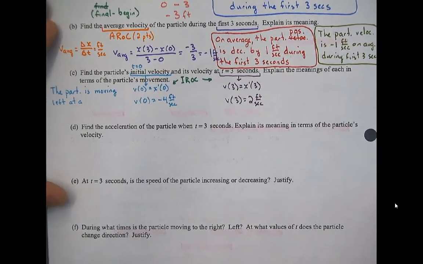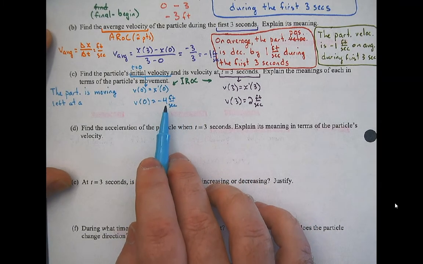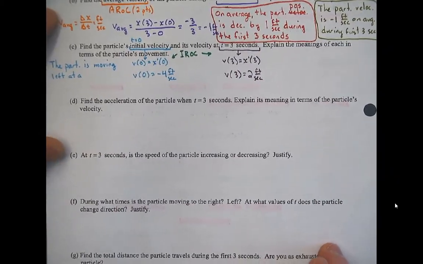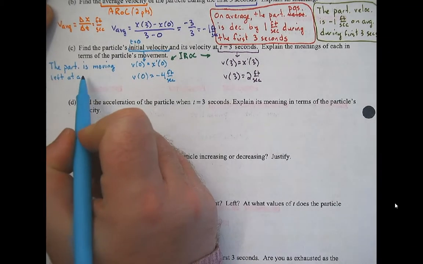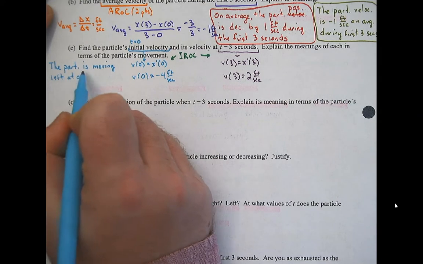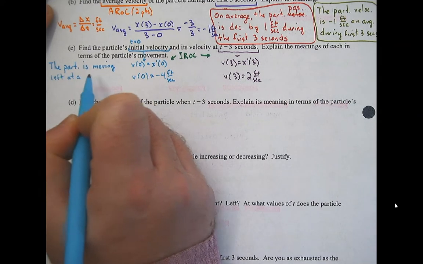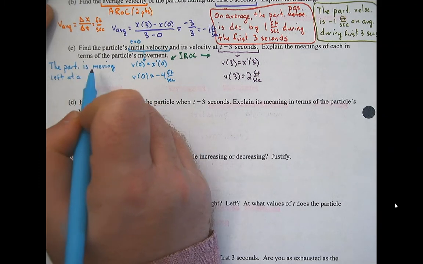You can write the word speed if you want to, but if you're going to write the word speed, you can't have the negative in there. Remember, speed is the absolute value of velocity. So speed is just a number. It's never negative. Direction doesn't matter. I'm going to actually just write speed. You could also just write velocity of -4 too, but if you're going to write velocity, you should probably write the negative. Let's just write speed. Let's just do this one way.